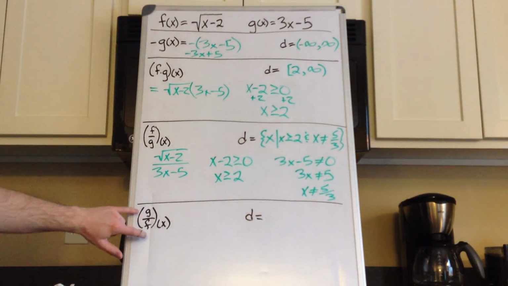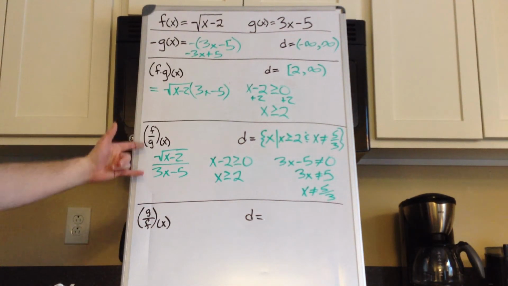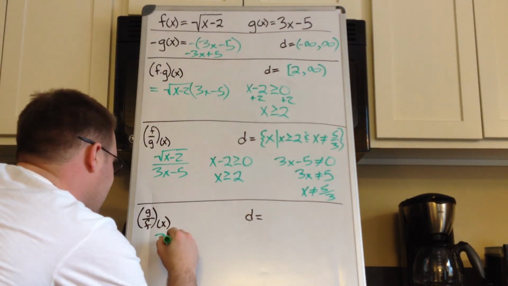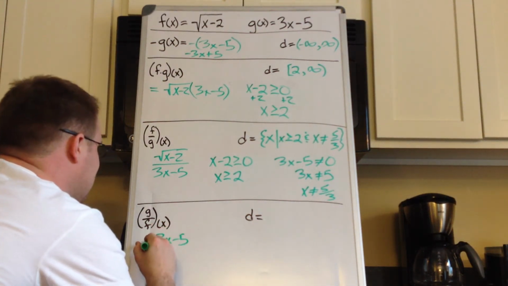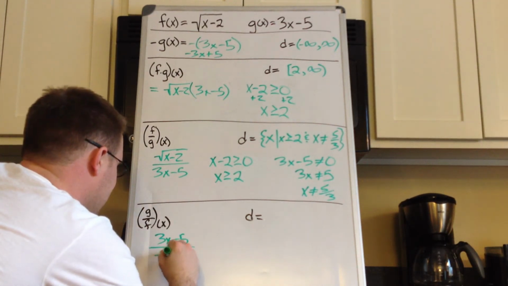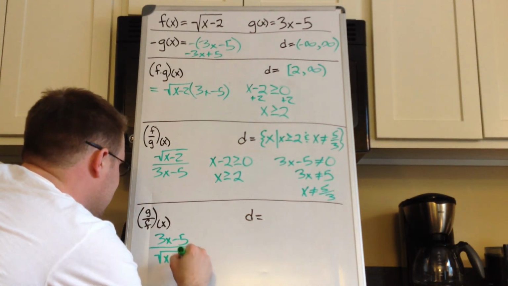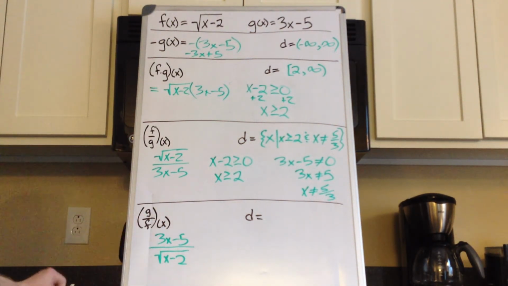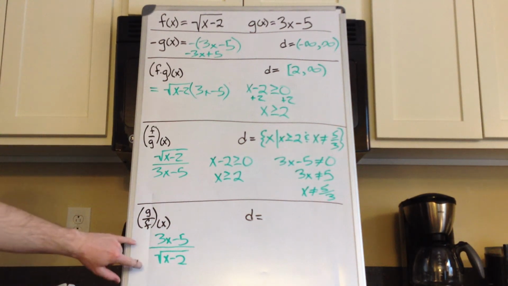So now we're going to look at g over f of x, just if we switched these two. So then we'll have 3x minus 5 on the top now and the square root of x minus 2 on the bottom. And again, since we're just plugging in x and not a number, there's not a ton to do here. It's pretty straightforward.